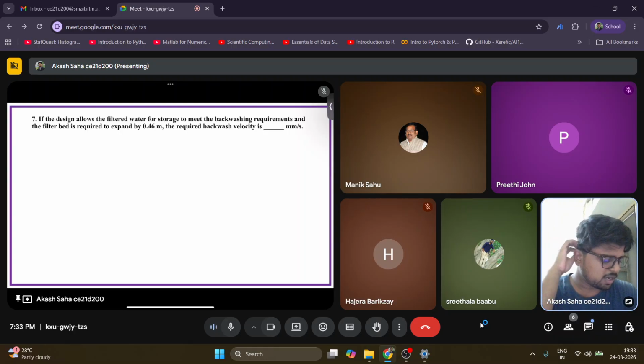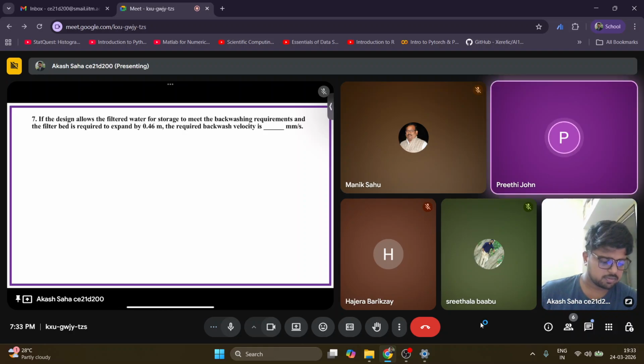So just tell me what is the approach, or which equation shall we use to solve this problem? You have to get the backwash velocity.